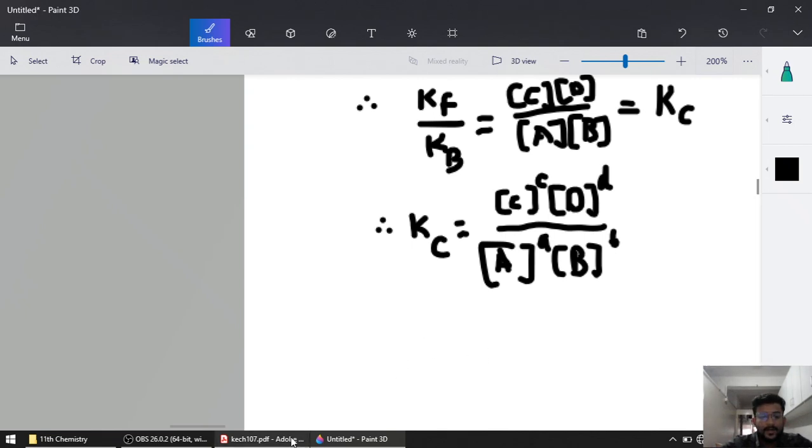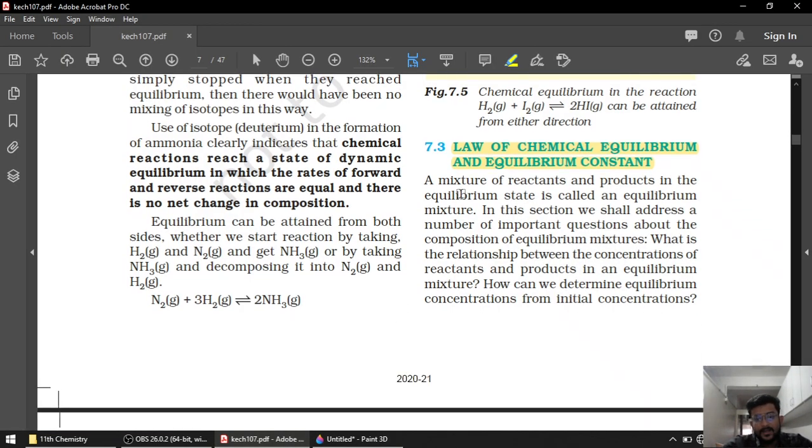Look at this. A mixture of reagent and product in the equilibrium state is called equilibrium mixture. In this section, we shall address a number of important questions about the composition of equilibrium mixture. What will be the amount of product? What will be the amount of reagent at equilibrium?